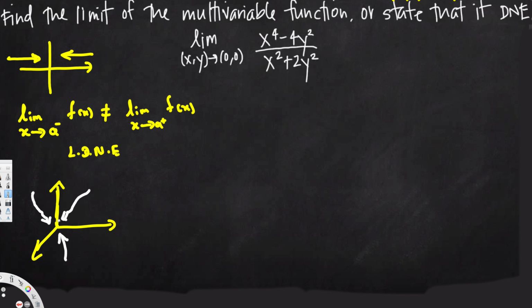Now this is what we are going to do right here. Let's look at this one in two-dimensional space. So if you draw this one in two-dimensional, since our question is about xy approaching 0, 0, if this is approaching origin from the y-axis, and if this is approaching origin from the x-axis, and if both of them are not equal, it means limit does not exist.